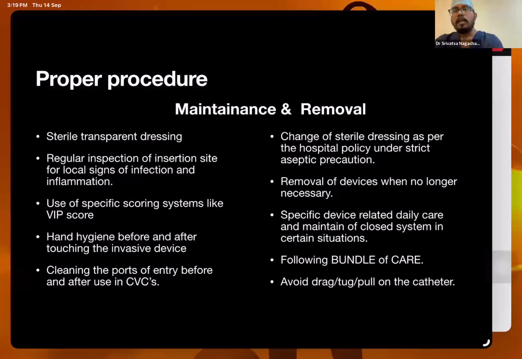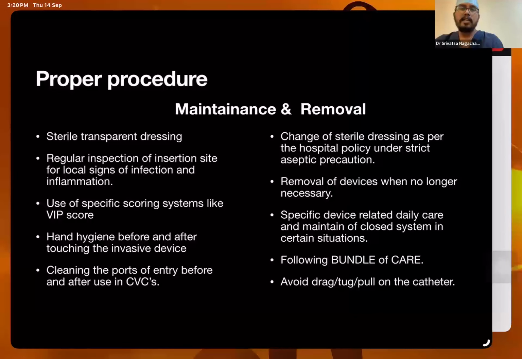You should regularly inspect the insertion site for local signs of infection and inflammation, like redness, pus oozing out, or leakage around it. With a central line, it could be bleeding, pus, or redness. With a Foley, the urine may be leaking around the side instead of draining through the catheter. You should regularly watch for all those things and inform the respective doctors as and when required.